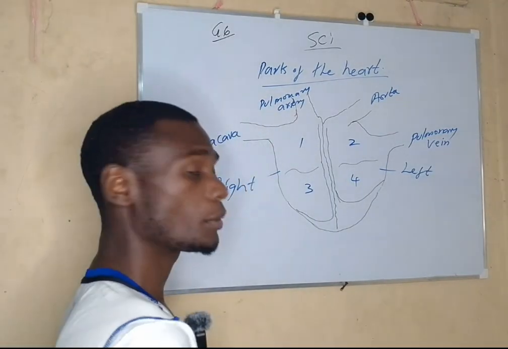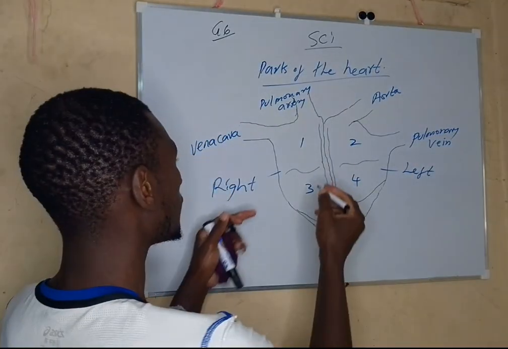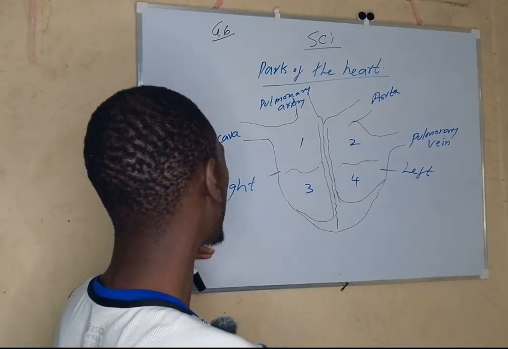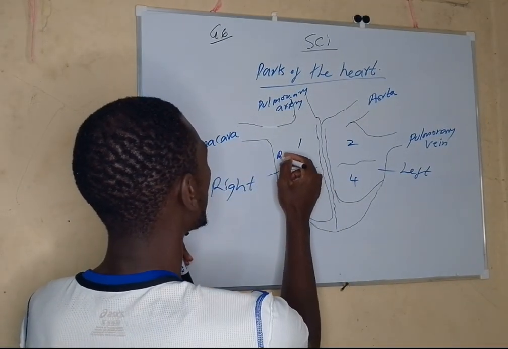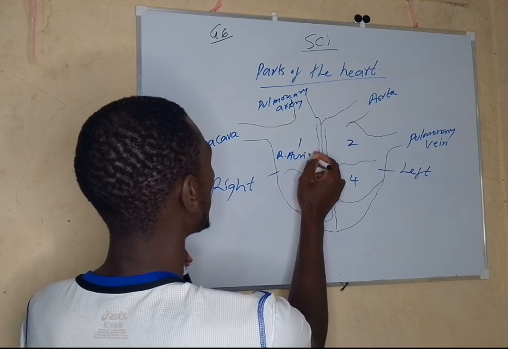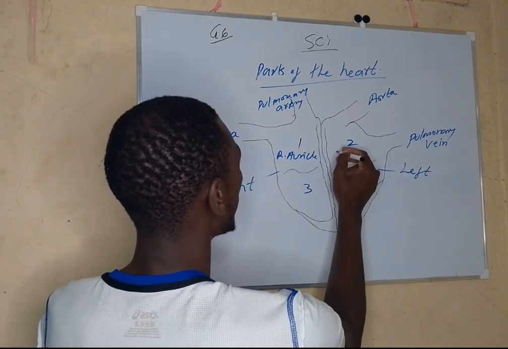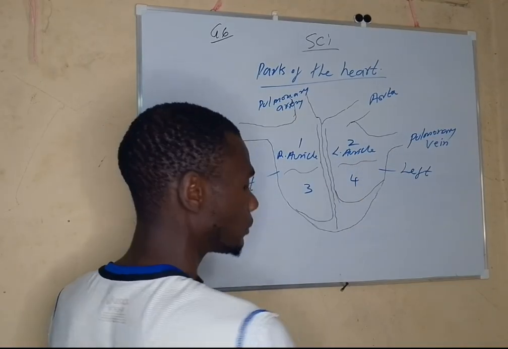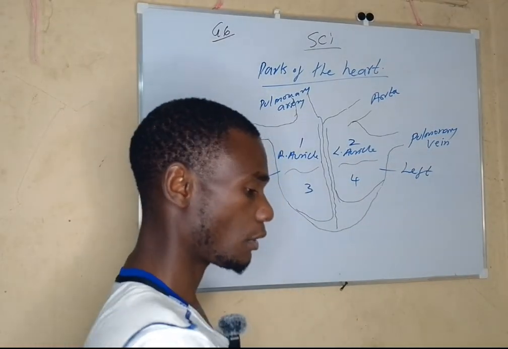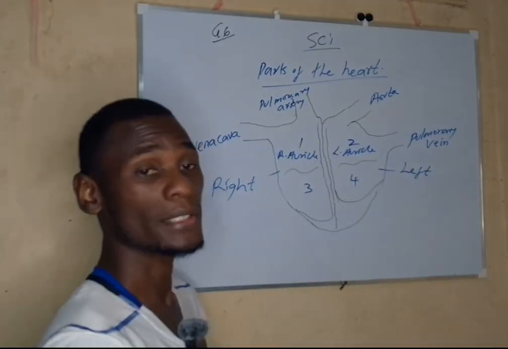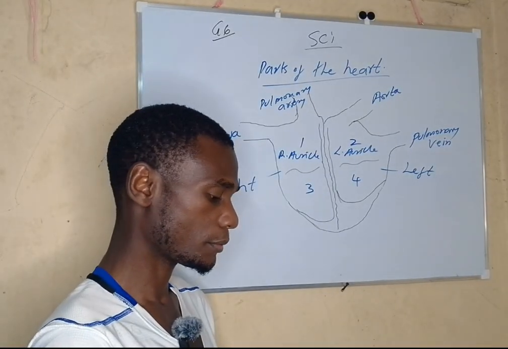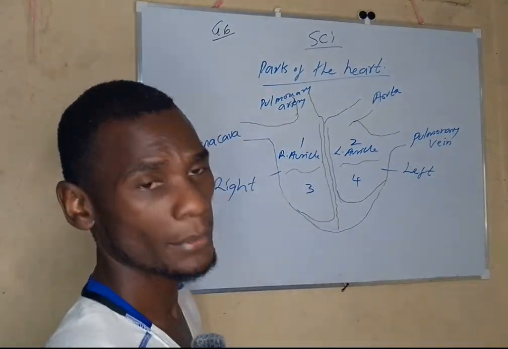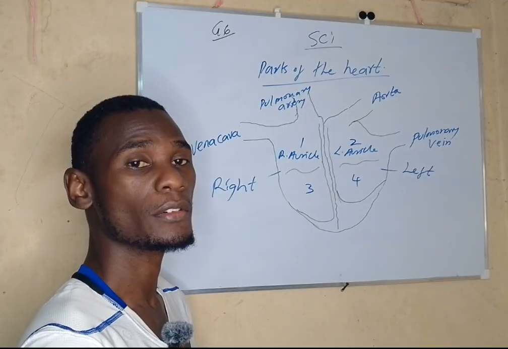Number two, let us now name them. Because this side is on the right, this one is called the right auricle. This one is on the left, so it is called the left auricle. Those are the upper chambers, they are called auricles. The lower chambers are called ventricles.